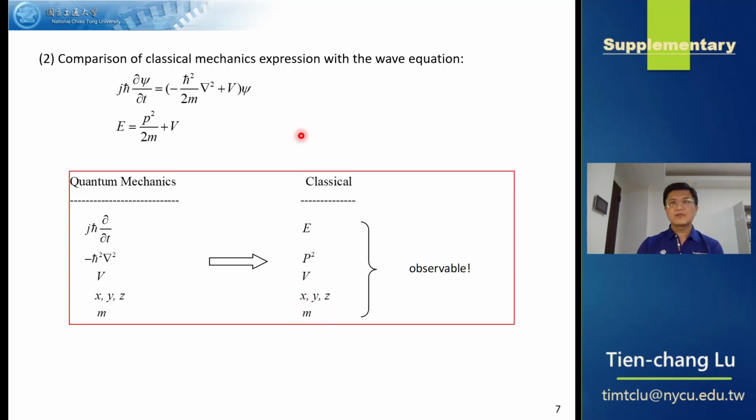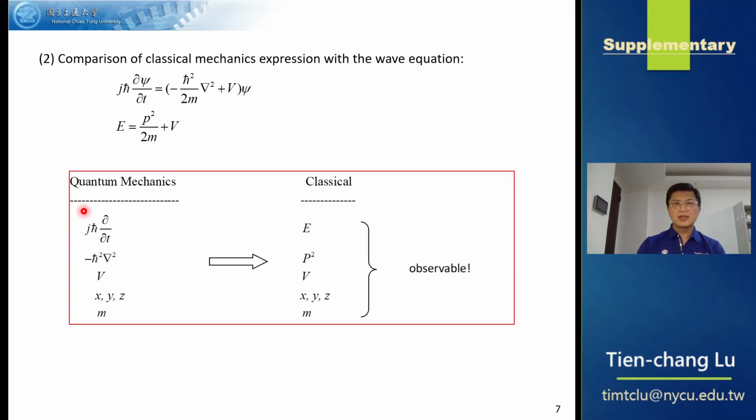But in terms of quantum mechanics, things become very similar but a little more complicated. For the energy, we express it as j h bar times the first derivative of the wave function with respect to time. In the Hamiltonian part, we have minus h bar squared Laplacian divided by 2m, plus V. Therefore, in quantum mechanics, how can we evaluate the energy?